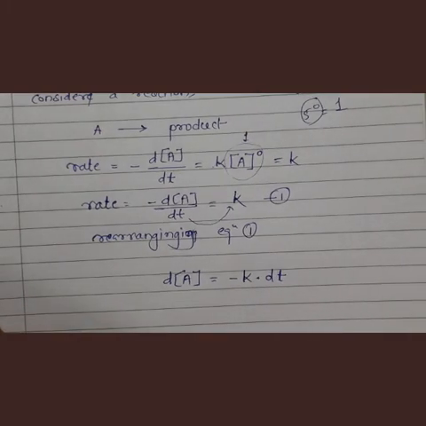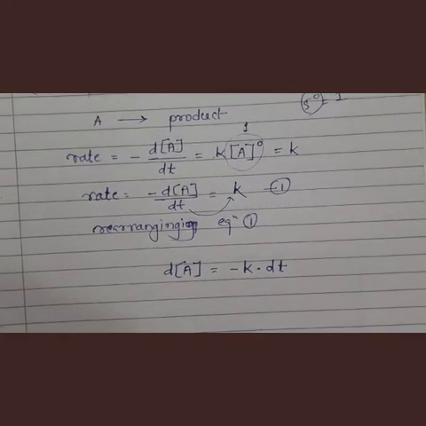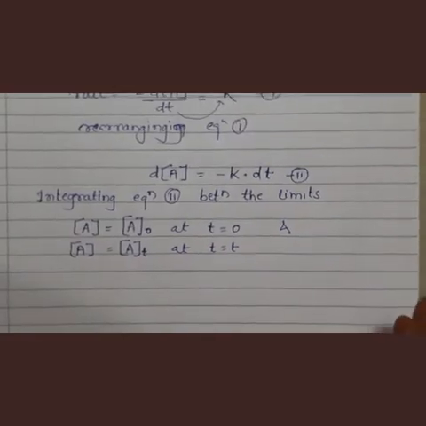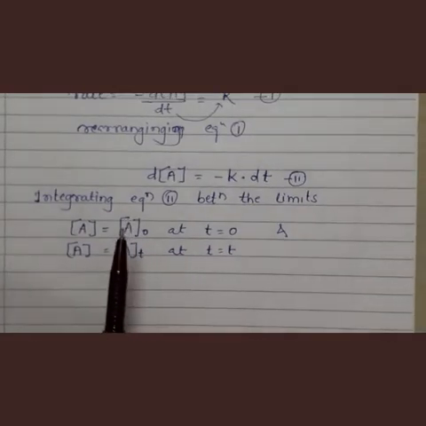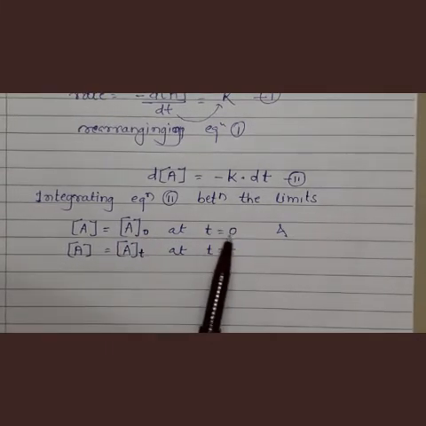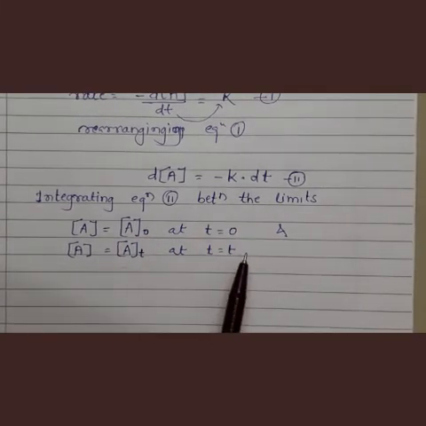Understand? Now we have to integrate this equation. Integrate between the limits of initial concentration and final concentration. The limits are: concentration of reactant is A0 at time t equal to 0, the initial concentration, and when time is equal to t, concentration of reactant is At.